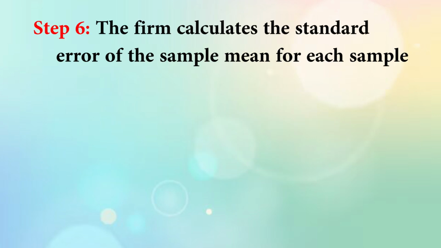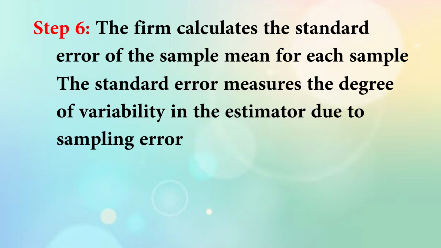The firm calculates the standard error of the sample mean for each sample. The standard error measures the degree of variability in the estimator due to sampling error. They find that the standard error of the estimator is small, which means that the estimator is efficient.